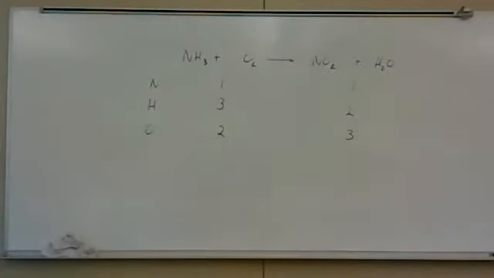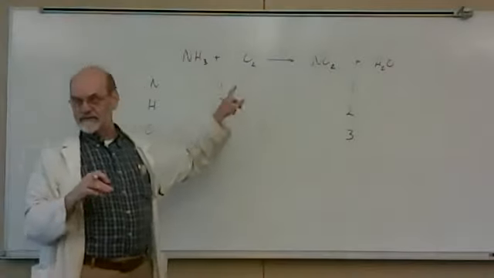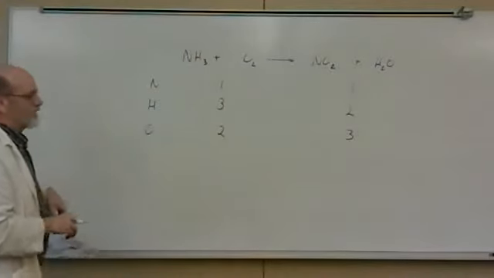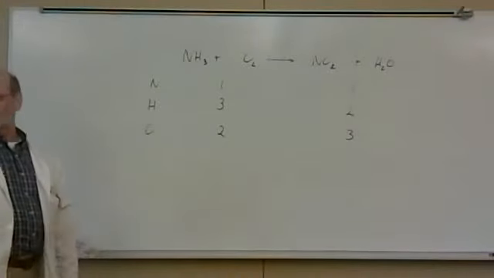Okay, first trick, save the elements to last. If you have anything that's just one element, save it to last. And if you have no intuition about where to start, just start at the top.